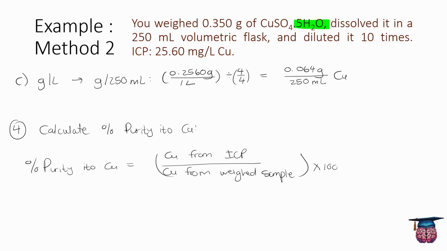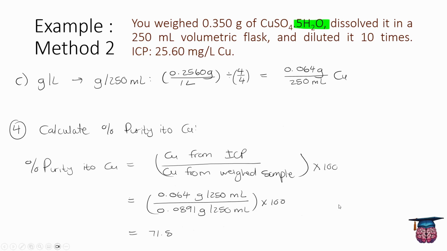The difference now is that the copper from our ICP, we are going to take the value that we had from step 3, and we are going to divide it by the value that we calculated in step 2 and multiply it by 100. And then we once again see that we have 71.83% purity in terms of copper.